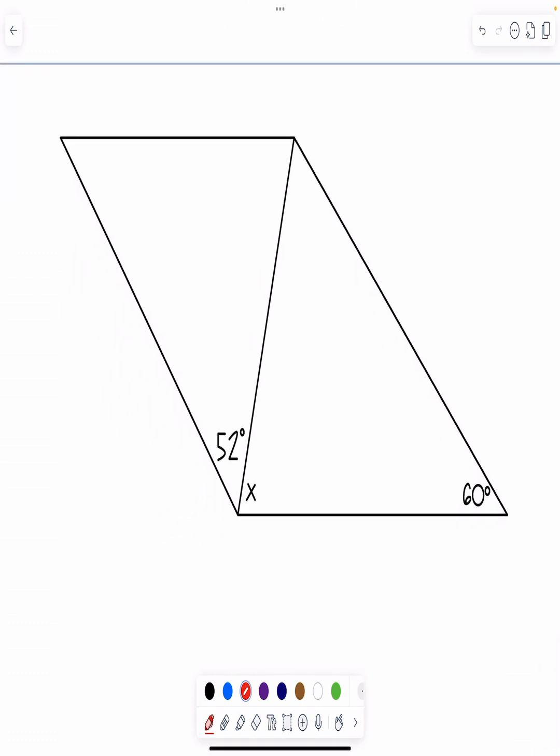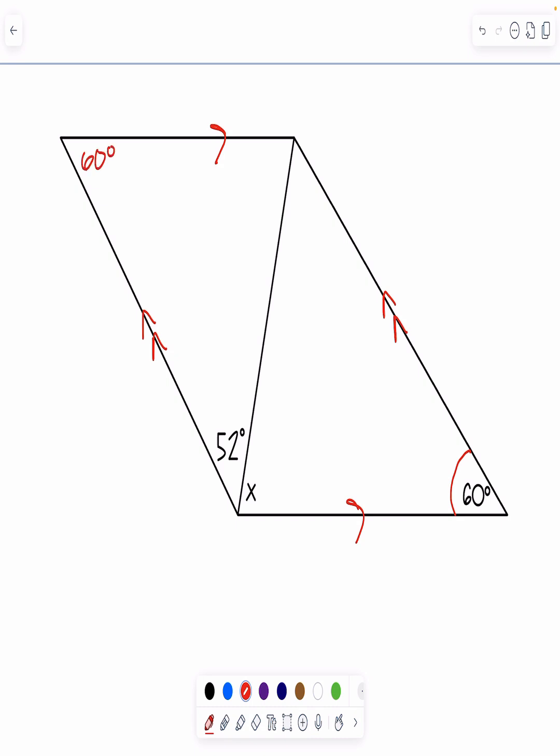All right, a new problem where it looks like I have a parallelogram with two triangles within it. Or you can think about it as a parallelogram with perhaps even a bisector. So if this angle is 60 degrees, based upon the laws of a parallelogram, I would note that this angle up here also has to be 60 degrees.